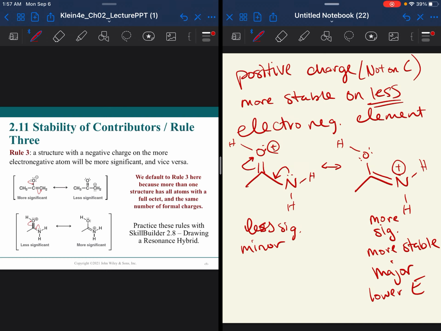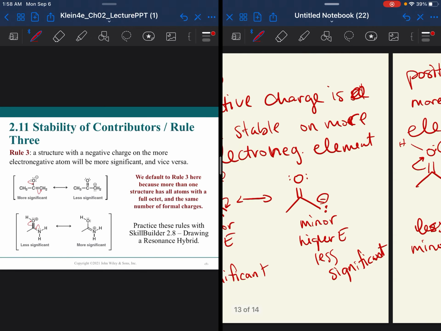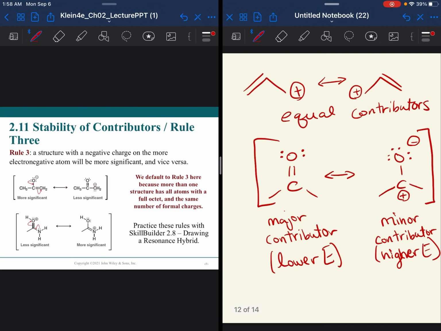So you want to know these three rules, and you want to know them in this order. So check for octets, check for overall numbers of formal charges, and when all else fails, which element is holding the charge? If none of these rules help us, then they're probably equal contributors, right?